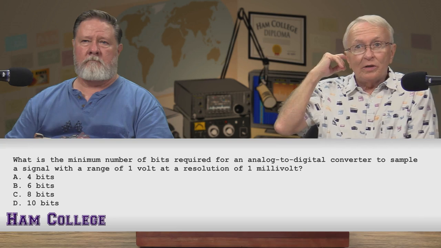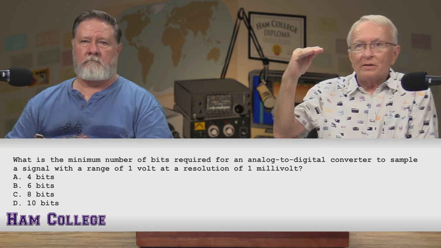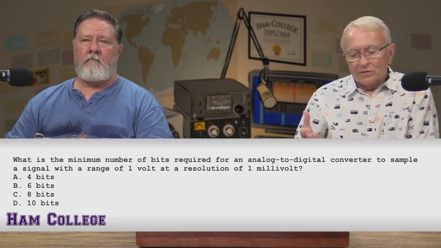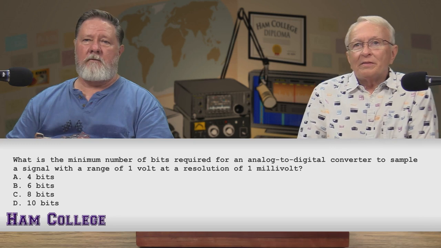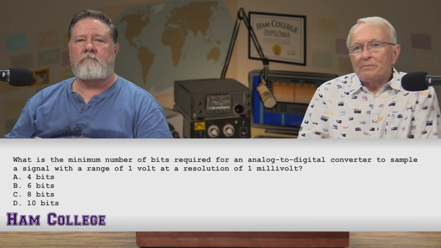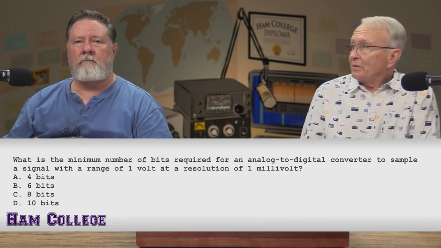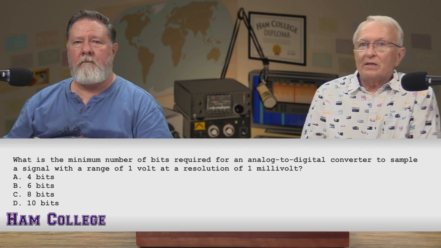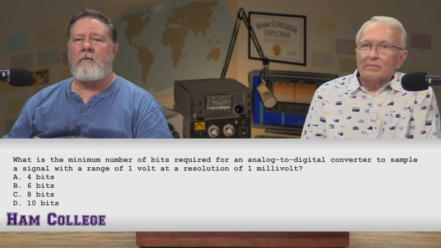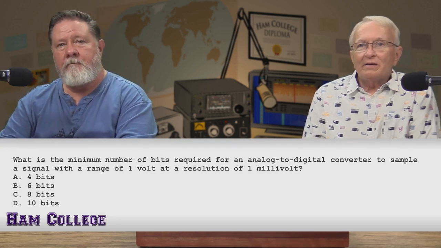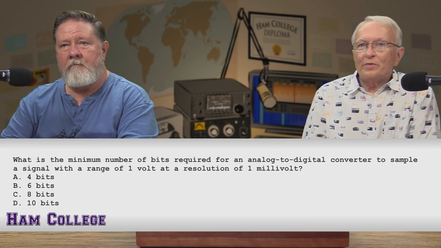If the highest signal we can measure is 1 volt, and we're going to measure it in 1 millivolt increments, or resolution of 1 millivolt, 1,000th of a volt, that means our number is going to need to be able to handle 1,000. That's in decimal. Okay, that makes sense. So how many bits would it take to store that number?